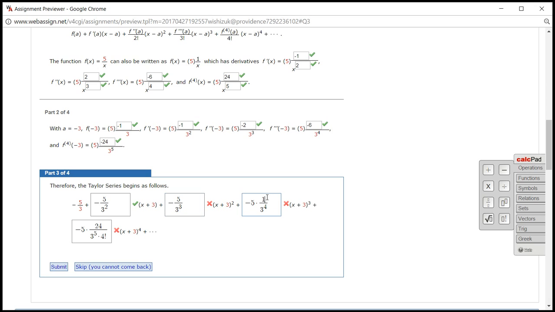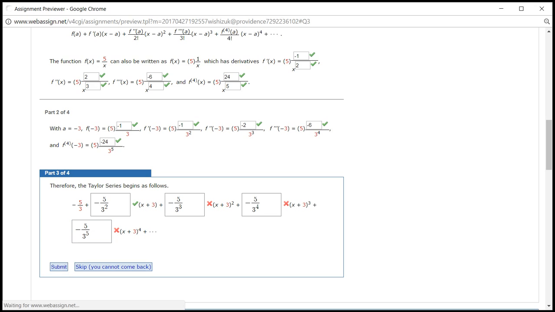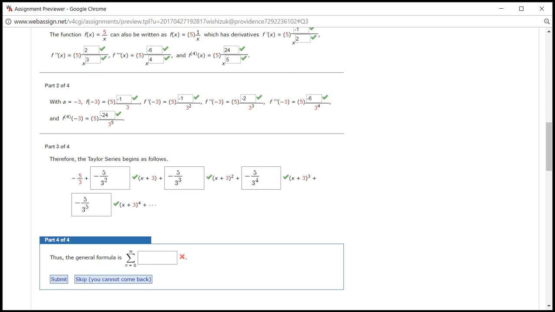And here is 24. 24 and the 4 factorial are actually the same. So we can cancel that, and I'm going to put 5 instead. The 4 factorial cancels with 24. All right, so let's submit, and hopefully this will work. All right, looks like we got part 3 correctly.